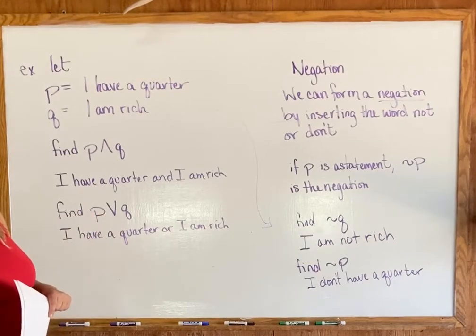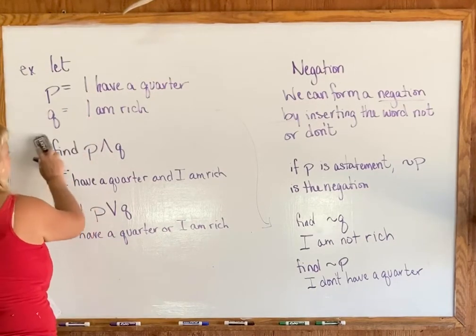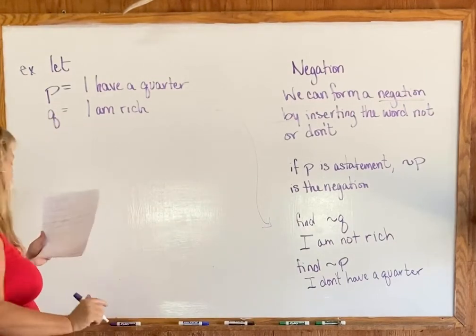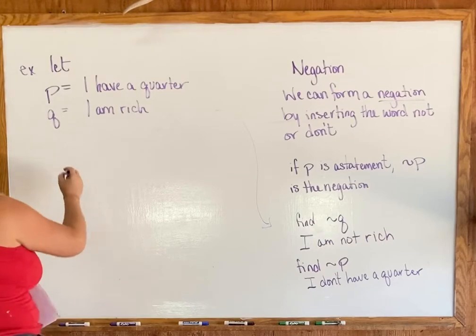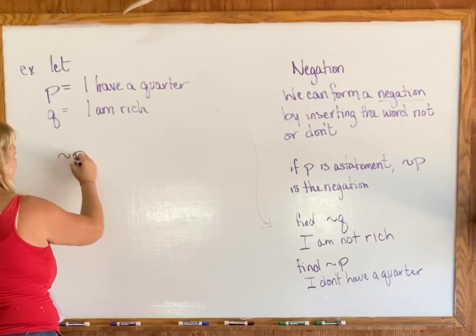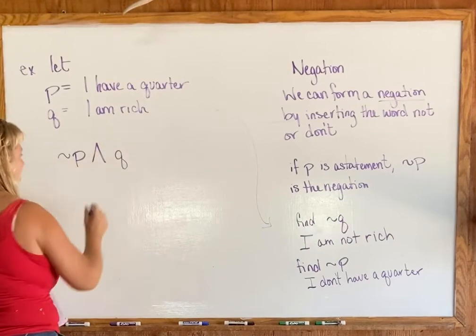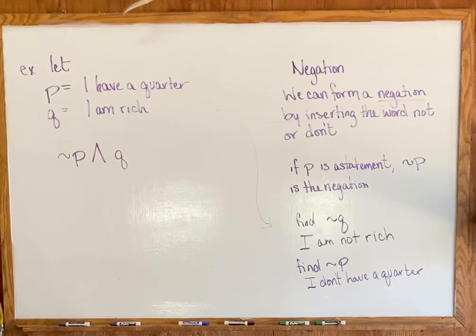Ready for me to make it bigger and uglier? So let's stick with our saying P and Q. So I'm just going to erase this part here. This time, I want us to find not P and Q. Okay.